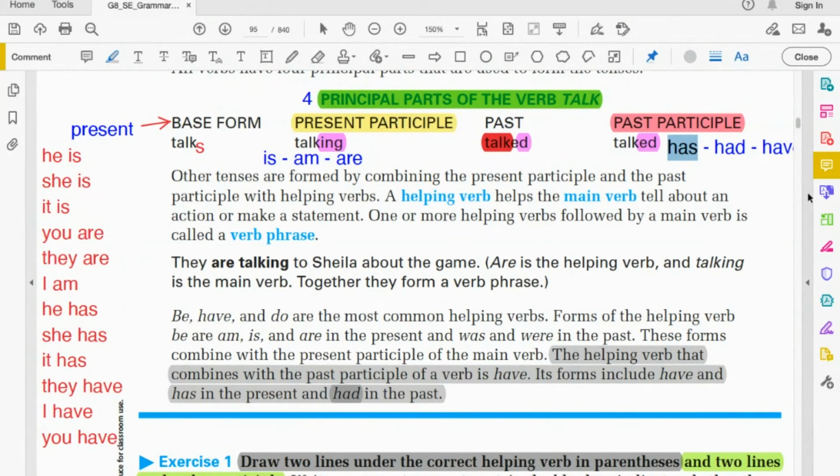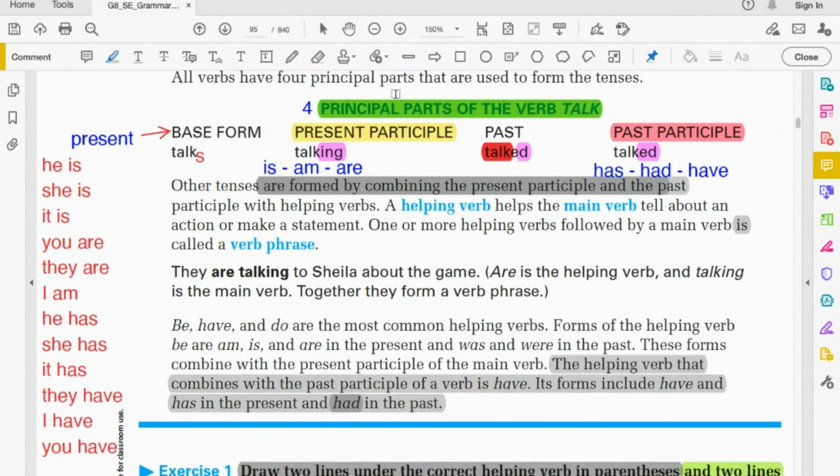Again, when I take a look at these helping verbs within the context of the sentence, I can find out relatively simply how it is that each one of these is able to be combined to match the front part of the sentence, which is called the subject.